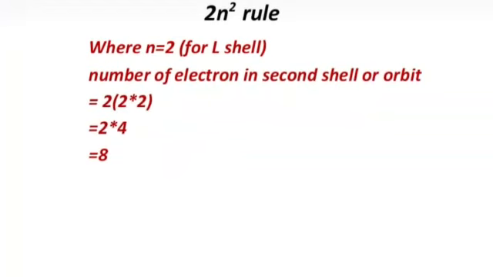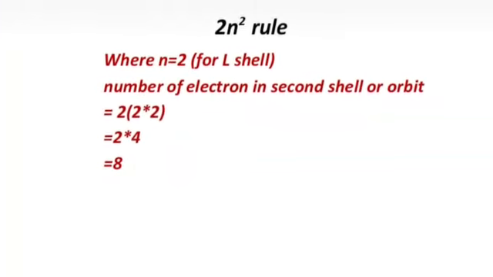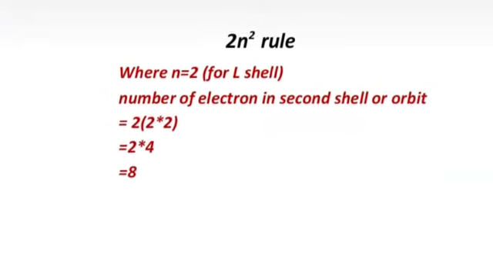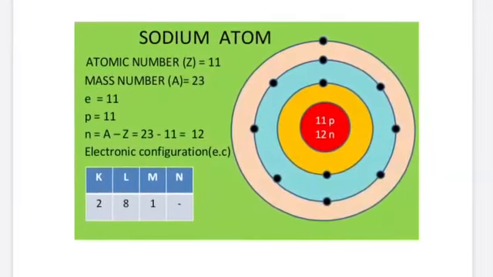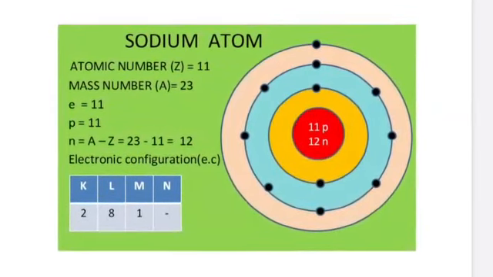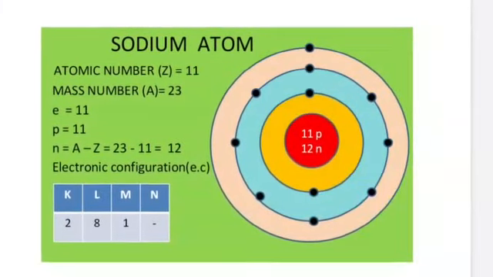The second shell, that is the L shell, will have 8 electrons. This is the maximum number of electrons this shell can have. So, while writing the electronic configuration, K shell will have 2 electrons, L shell will have 8. We are left with 1 electron that goes to M shell.